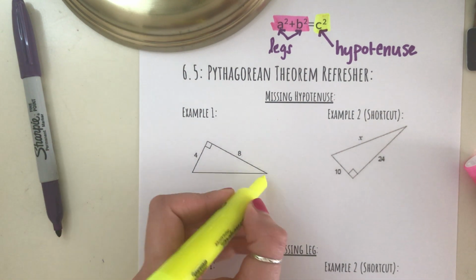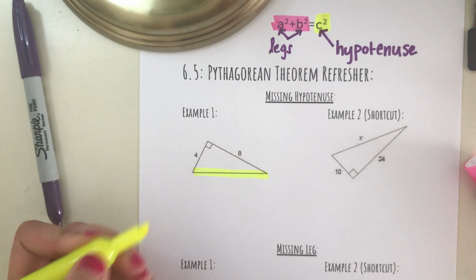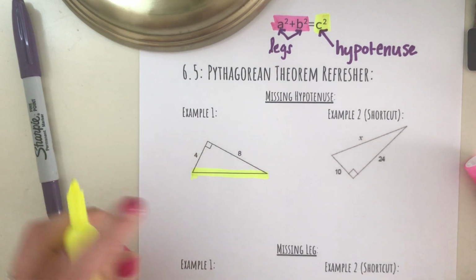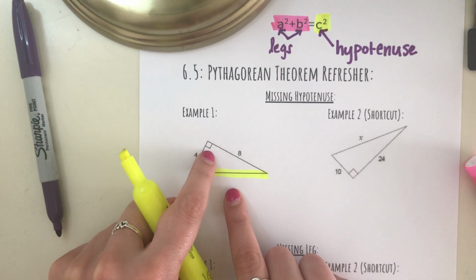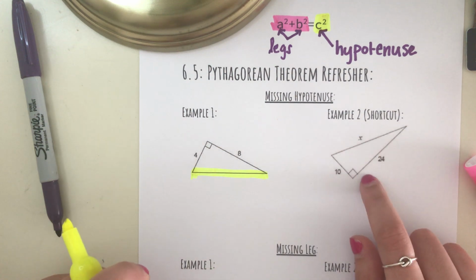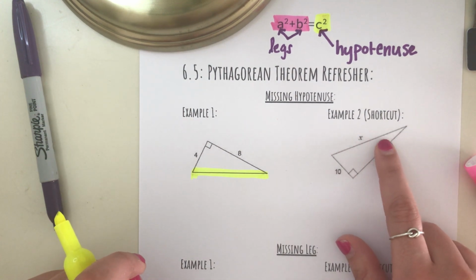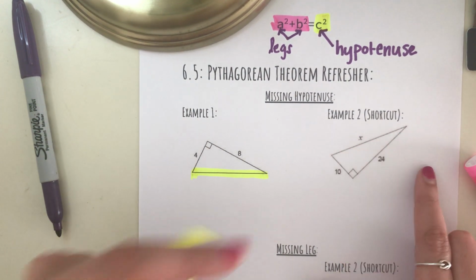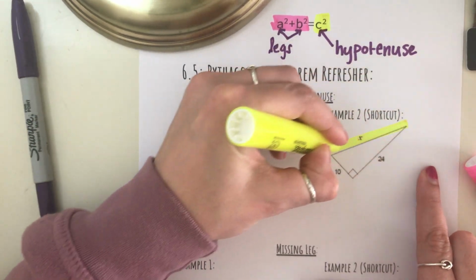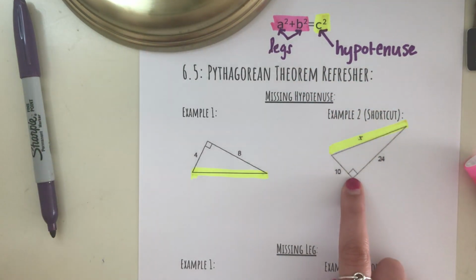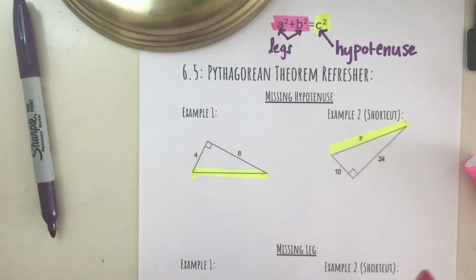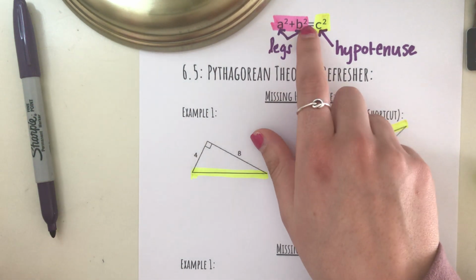So right here is my hypotenuse because it is the only side not touching the right angle. And on example 2, which I'm going to show you a shortcut, x is my hypotenuse because it is the one side not touching the right angle. Okay, now I'm going to highlight my two legs pink.